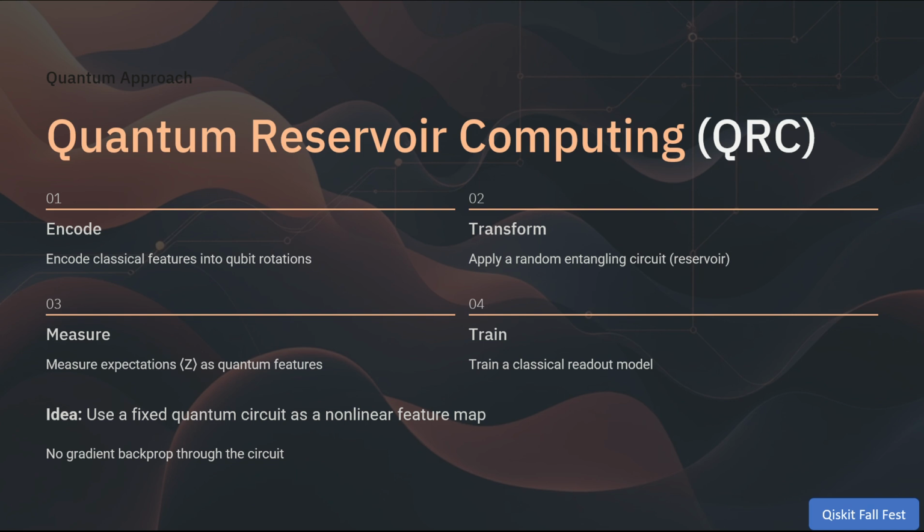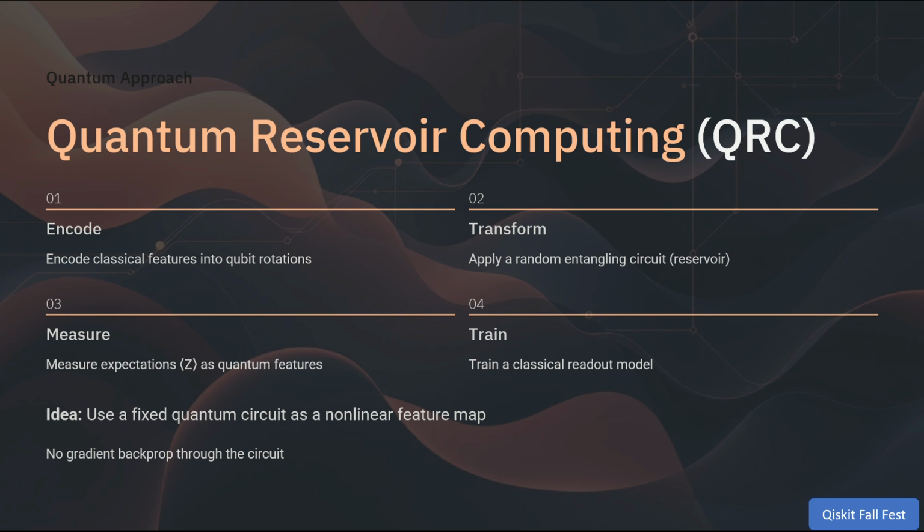Our quantum reservoir concept. Our quantum model is based on quantum reservoir computing. The idea is to use a fixed quantum circuit as a non-linear feature map. We encode each data point into qubit rotations, apply a random entangling circuit called the reservoir, and then measure Pauli-Z expectations from each qubit.